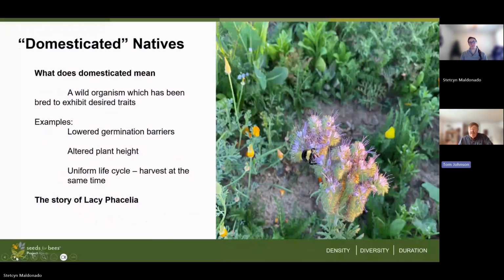It's widely adapted, but they took it back to Germany and started to select it for these other things: uniform harvest cycle, uniform plant size. And as they did that, they also found it had other attributes that they could use. So it's actually used as a cover crop in some rotations in some places for antagonistic things against other things.